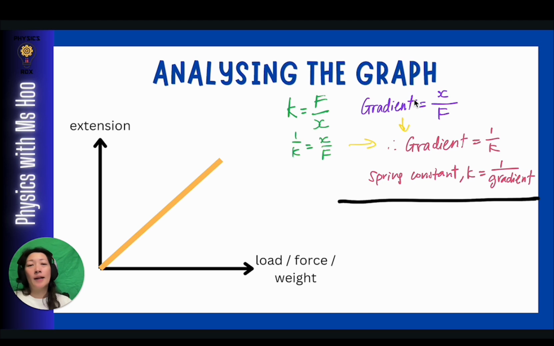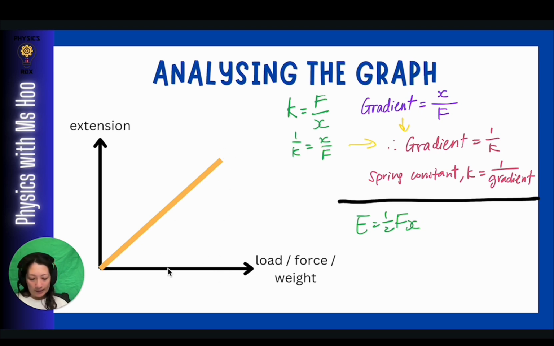And if we wanted to calculate the elastic potential energy, we know that it can be calculated as E equals half Fx. If you look at the graph, you can see how this half Fx is actually the same as calculating the area of a triangle, which is also the area under the graph.